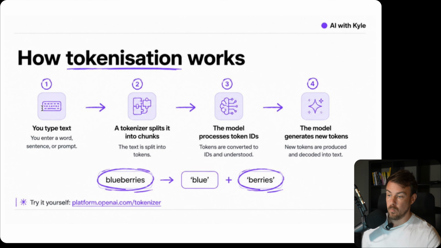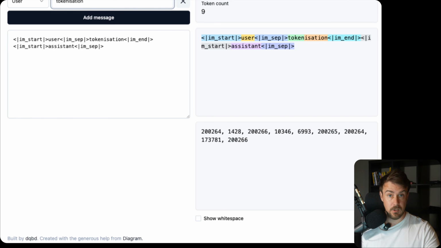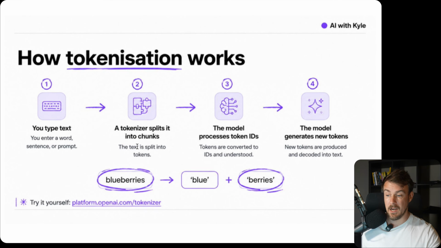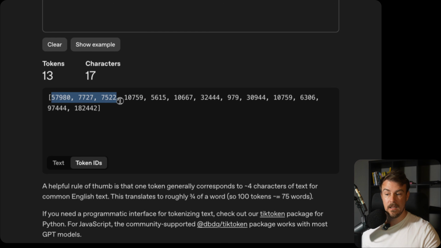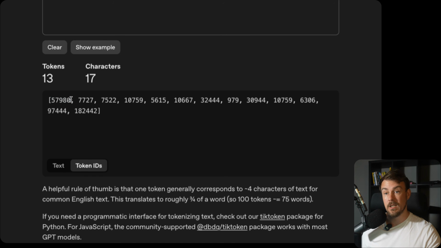So how tokenization works: you're going to type in a text, and you can play around on Tiktokenizer or the tokenizer from OpenAI. A tokenizer is going to chunk it. It's going to split that sentence up into its constituent tokens. The model then processes the token IDs. So if we go in here, these ID numbers are the IDs connected to these particular Chinese characters.